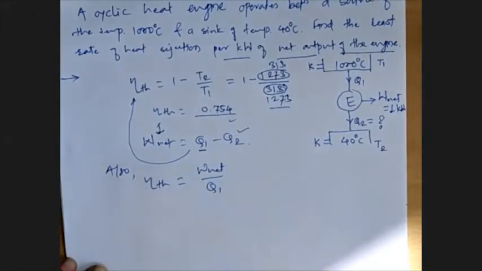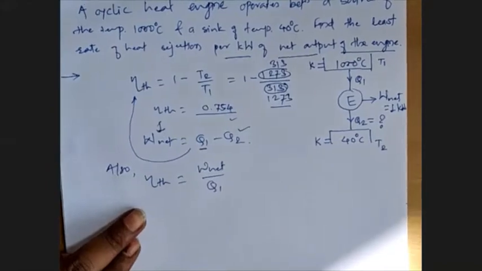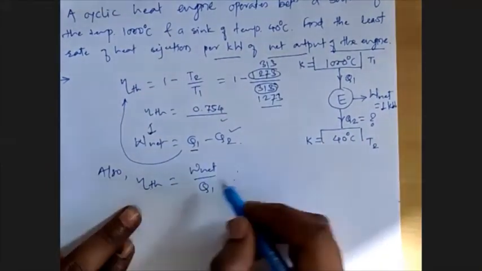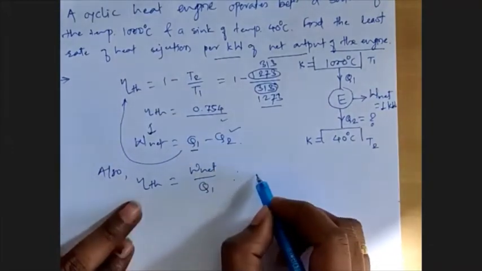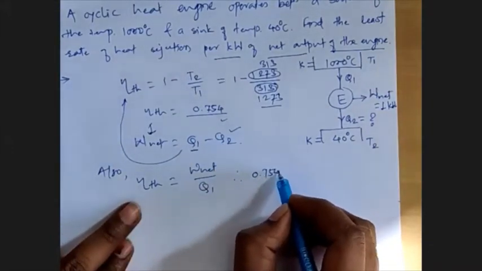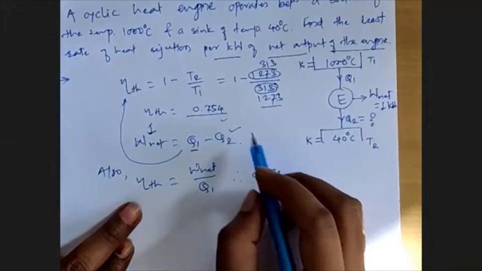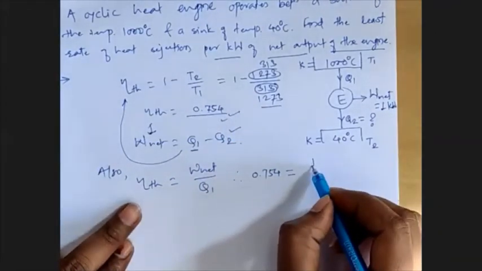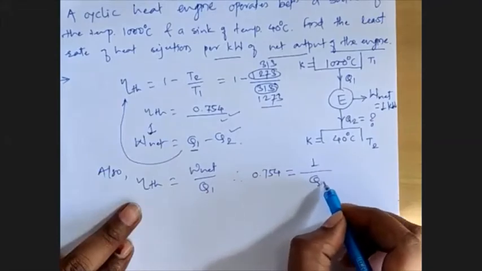This is the alternative relation for thermal efficiency. So 0.754, which we got over here, is equal to W net, which is 1, divided by Q1.